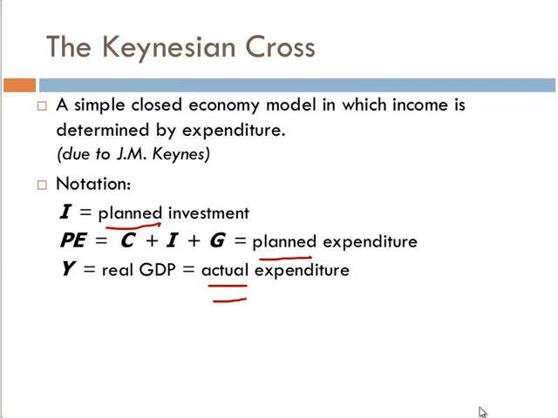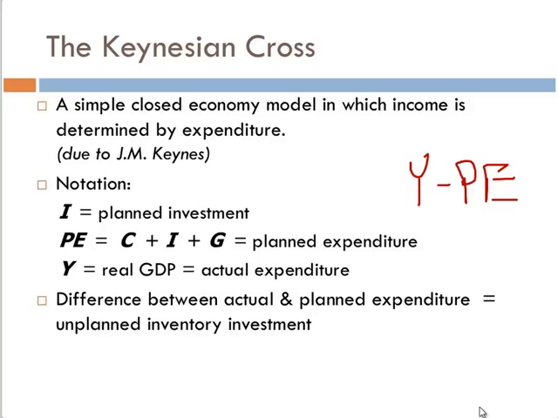And if we spend more than we plan to, then we'll have a decrease in inventory. And so the difference between planned expenditure and actual expenditure is something called unplanned inventory investment. So within this model, planned is okay, actual is good, and unplanned not so much.